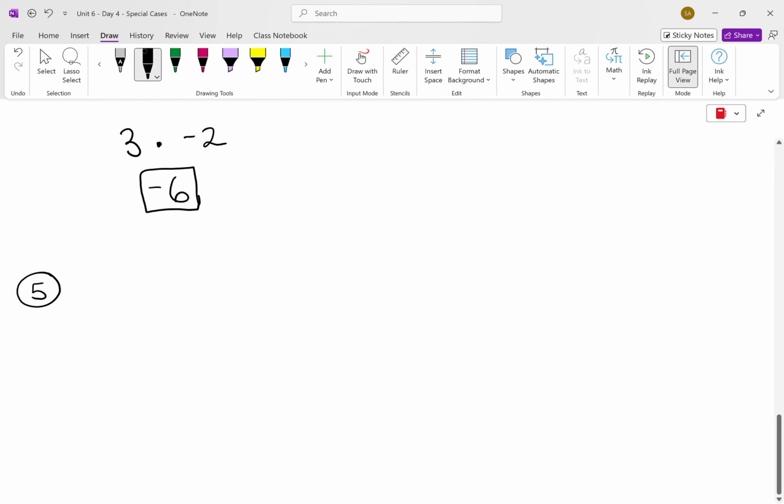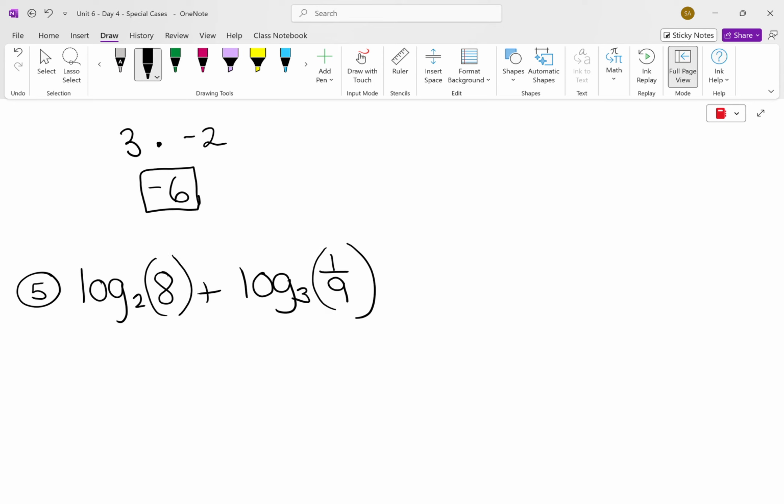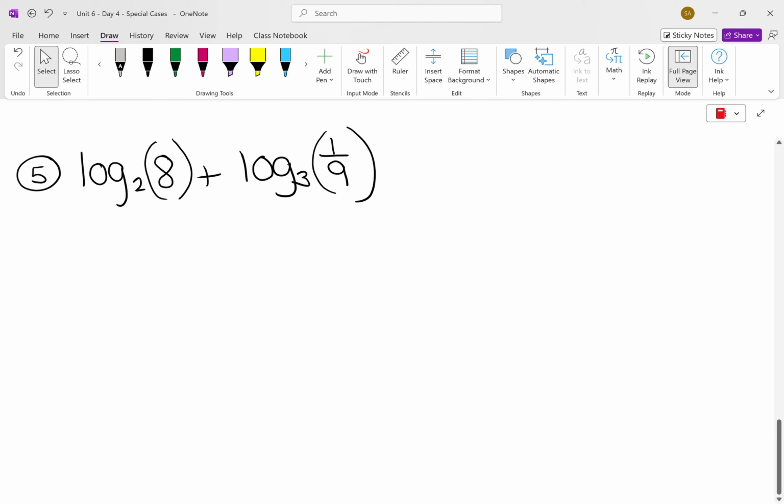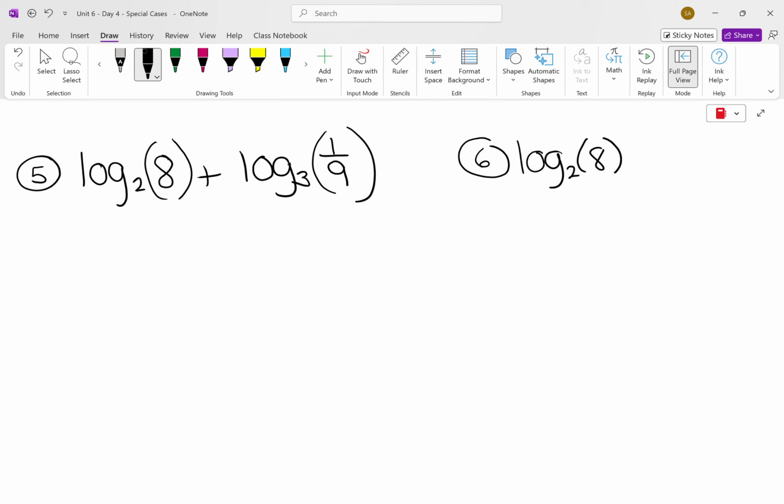You guys are trying this one: log base 2 of 8 plus log base 3 of 1/9. I'm actually going to also have you guys do this one by yourself: log base 2 of 8 plus log base 2 of 1/8.